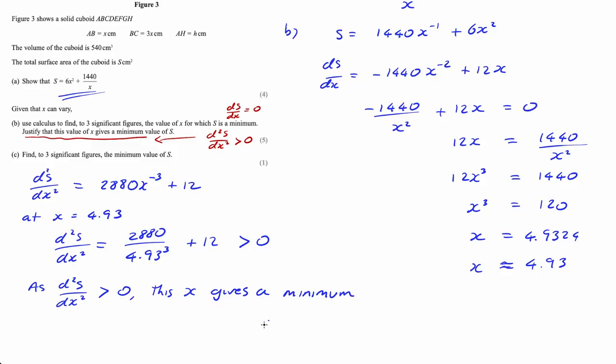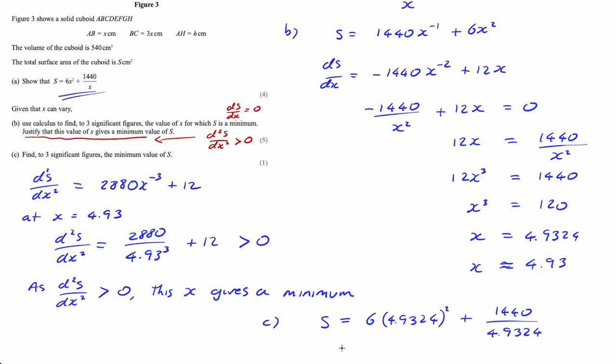Then part C, 1 mark only, says find to 3 significant figures the minimum value of s. Okay, so now I just have to sub in this x into this s. Now this is where I will choose the less rounded version. So s is equal to 6 times x squared, so that's 4.9324 squared, plus 1440 over 4.9324.